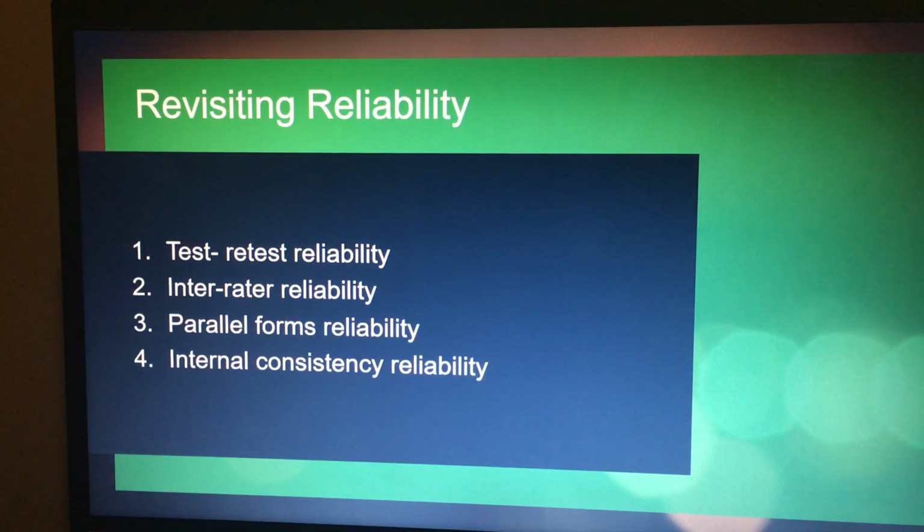Finally, we have internal consistency reliability. This is used with scales that are constructed from lots of different parts that perform similar functions.